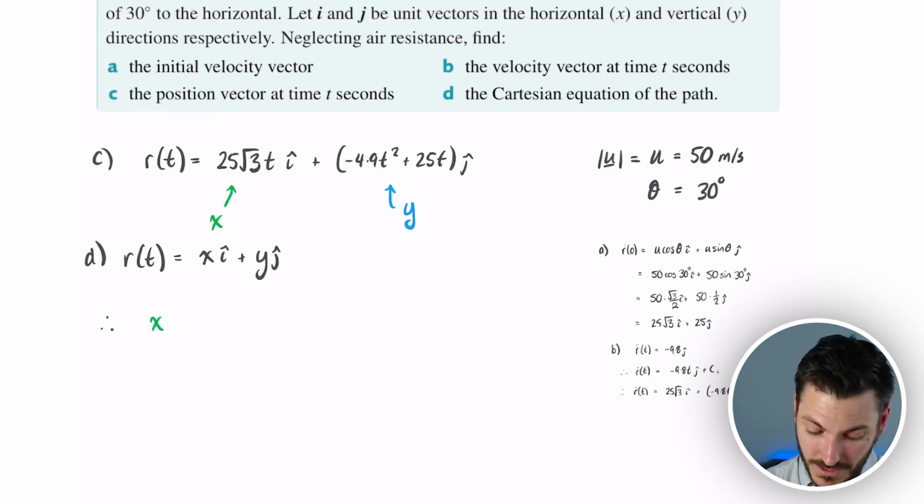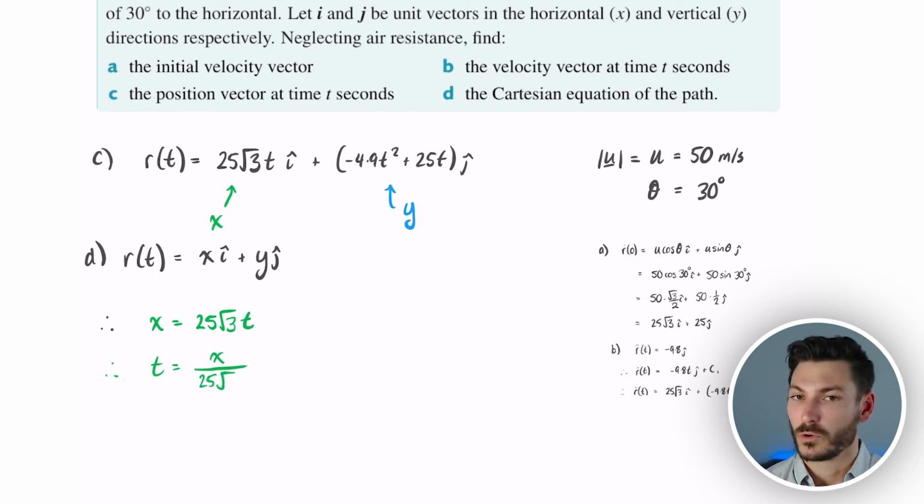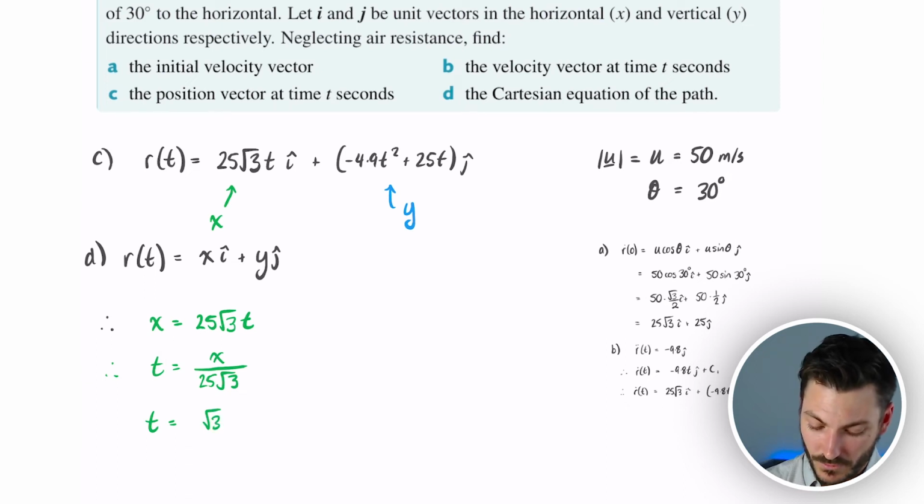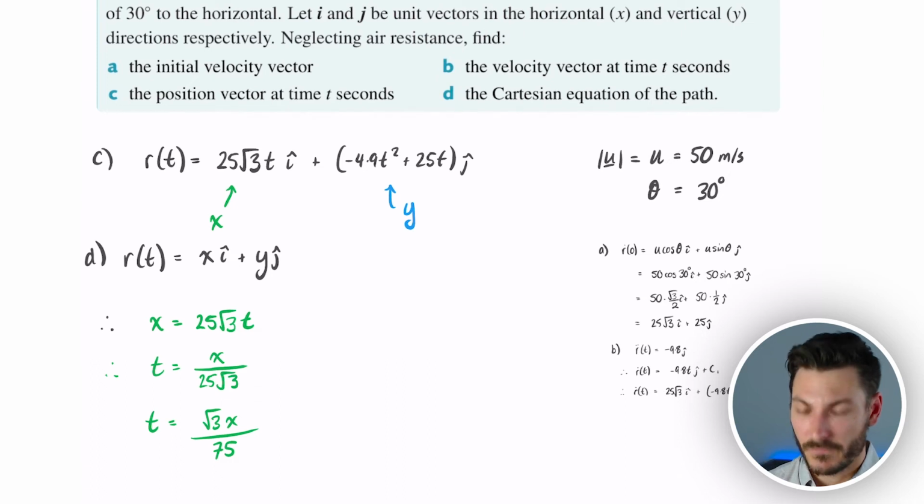So x is going to equal 25 root 3 t. Therefore t is going to equal x on 25 root 3. But I probably want to rationalize the denominator, so timesing top and bottom by root 3, I get root 3 x over 25 times 3, which is 75.